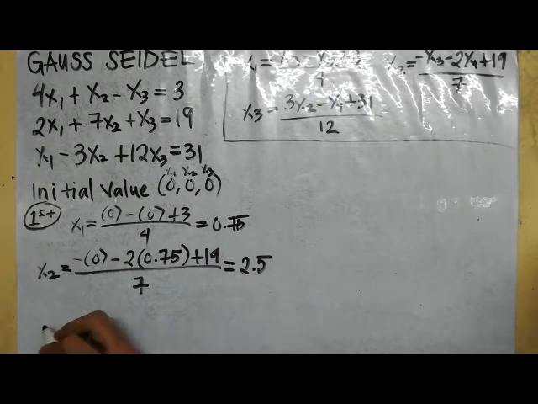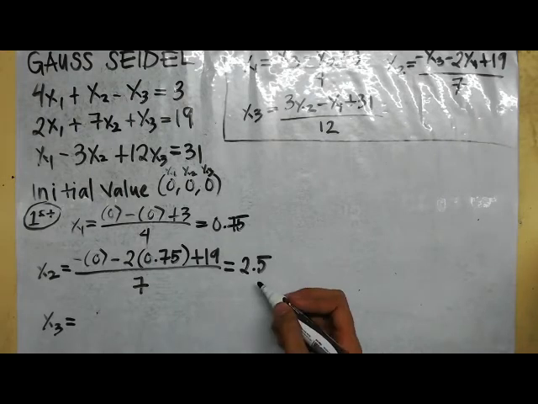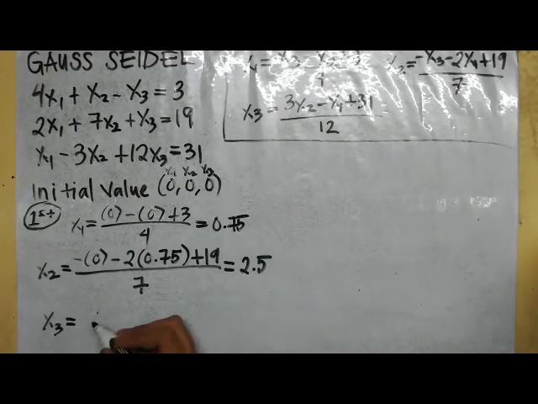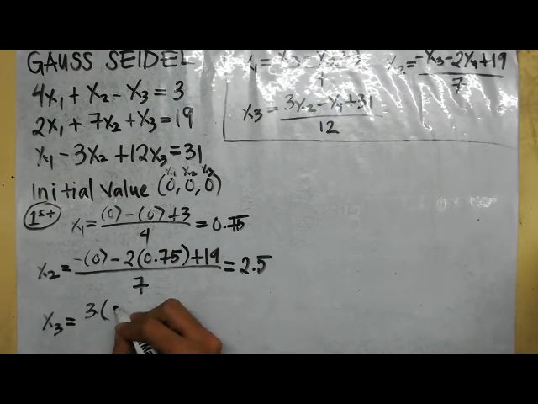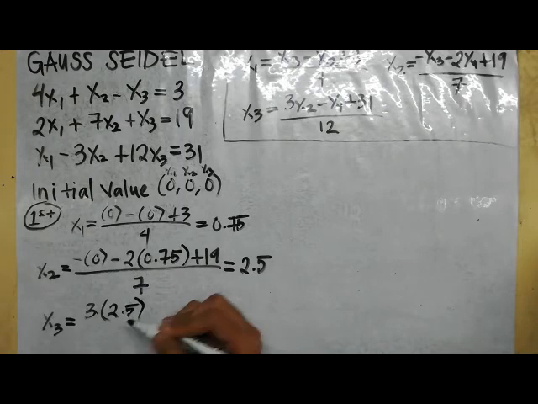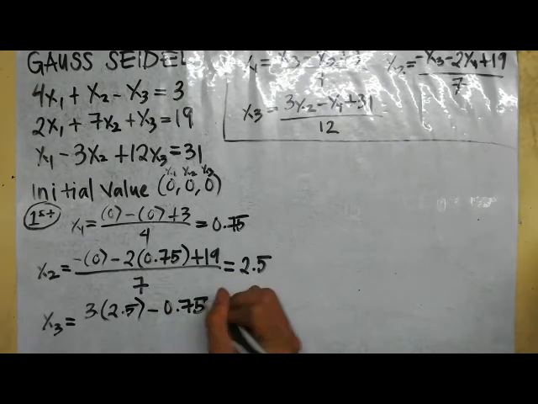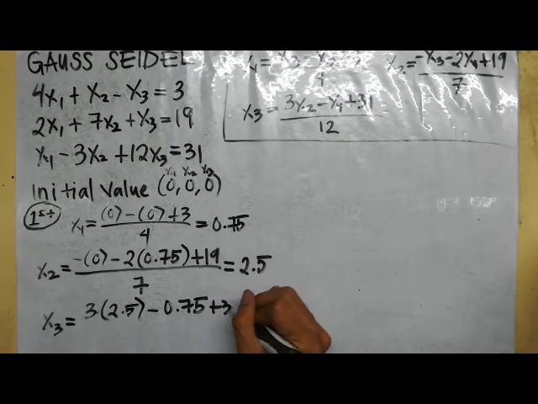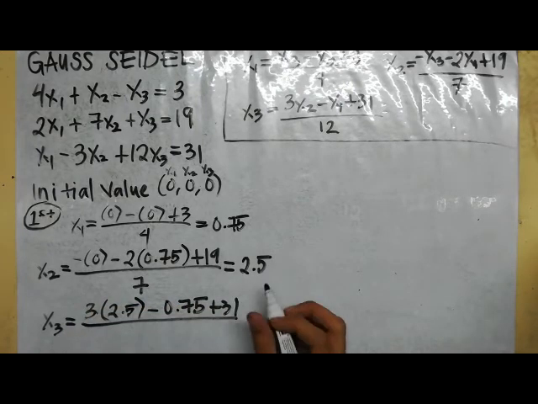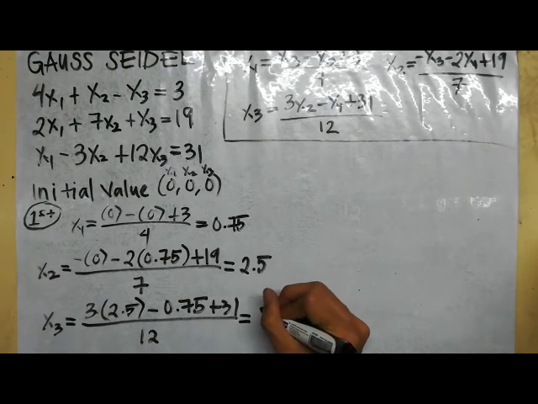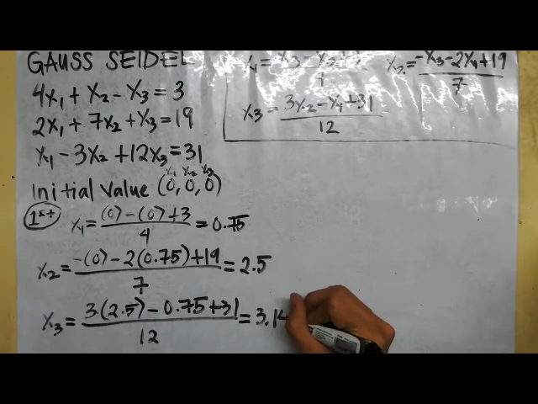And for our x sub 3, we have our new x sub 2 and our x sub 1, so we will substitute them. So we have 3 multiplied by 2.5 minus 0.75 plus 31 over 12. So we will get 3.1458.